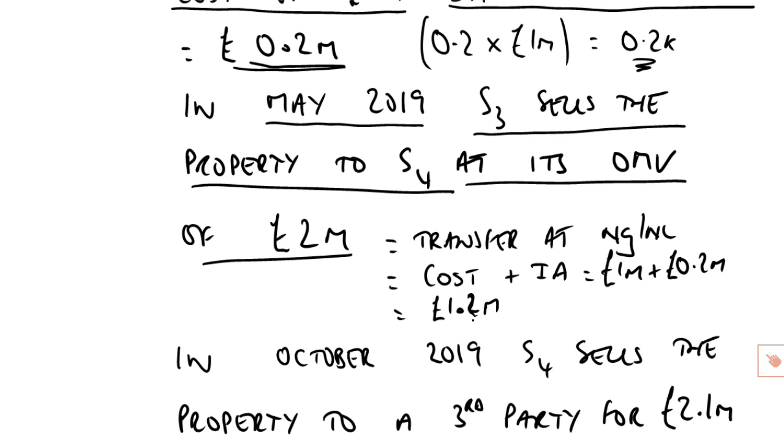So we ignore what was the market value at the time of transfer, £2 million, and instead neither a gain nor a loss arises on the transfer. S3 experiences neither a gain nor a loss. The transfer is at 1.2, so there's no gain or loss appearing in the corporate tax computation for this accounting period for S3, and it goes in at a base cost to S4 at that same no gain, no loss transfer value.